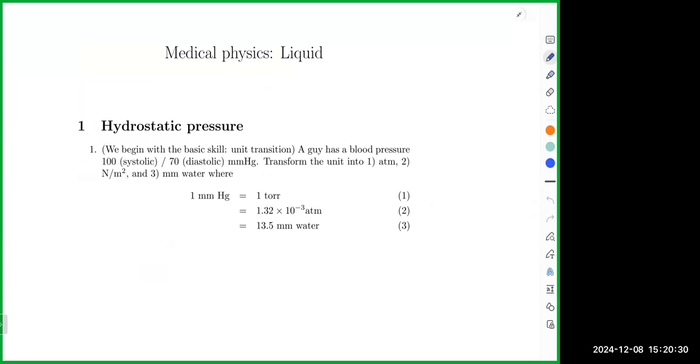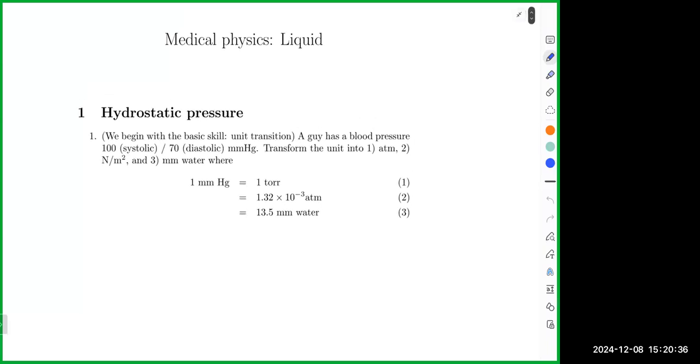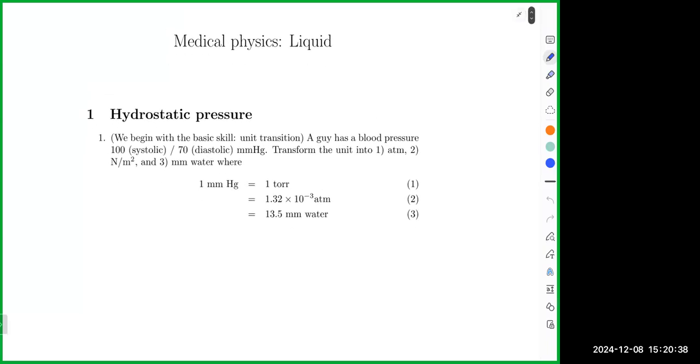So there are 10 exercises right here, and I will show how to get the answers, especially some selected ones. The rest that I didn't do will not be part of the final exam.